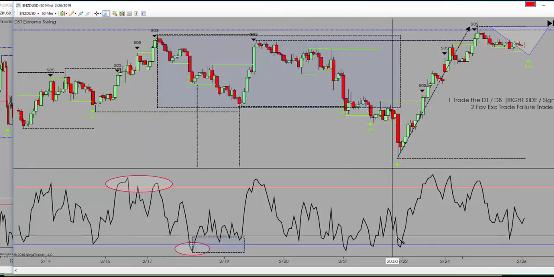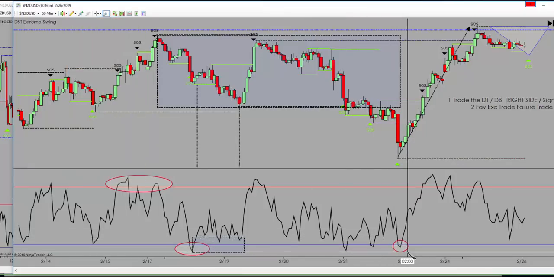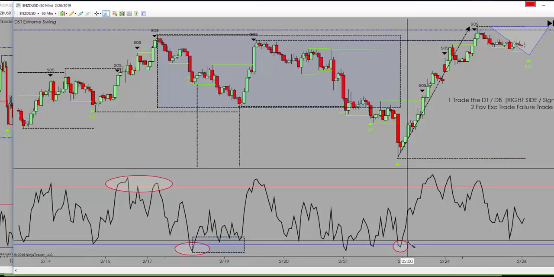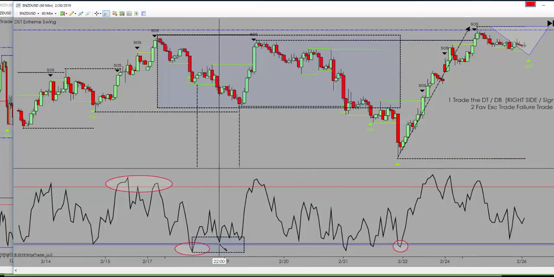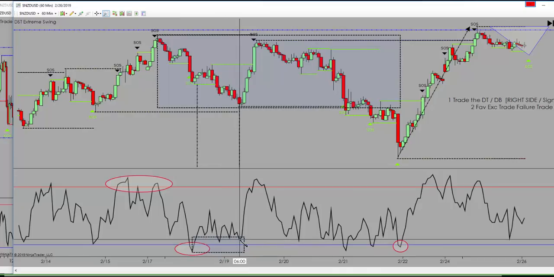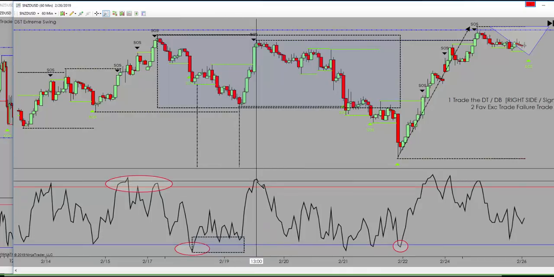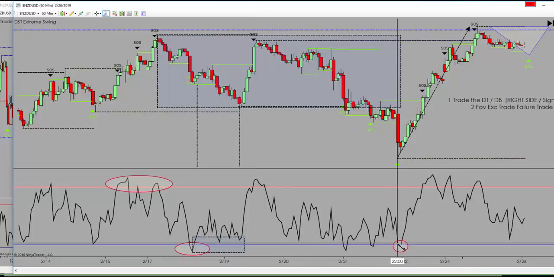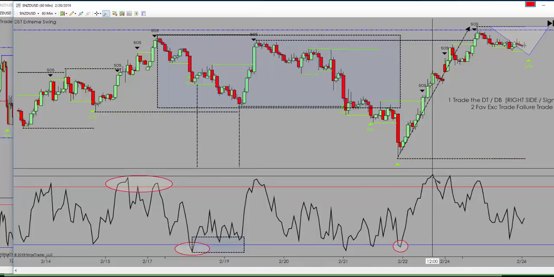where we see the market press to a new structure low with an extreme RSI, and then we get a full rotation. Here's a new structure low. We double bottomed, triple bottomed with bullish divergence before we headed north. Here's a new structure low, and then this is what I call a full rotation on the oscillator.